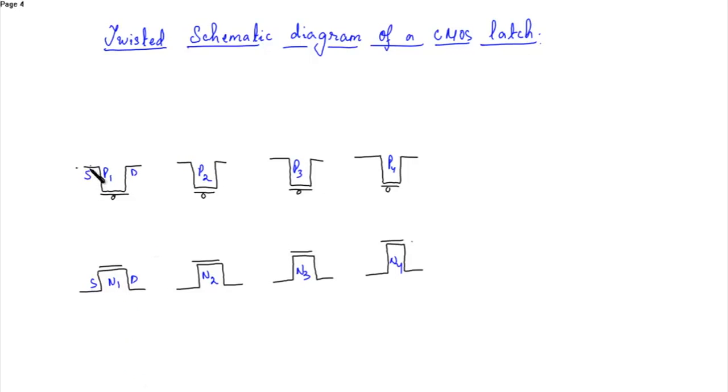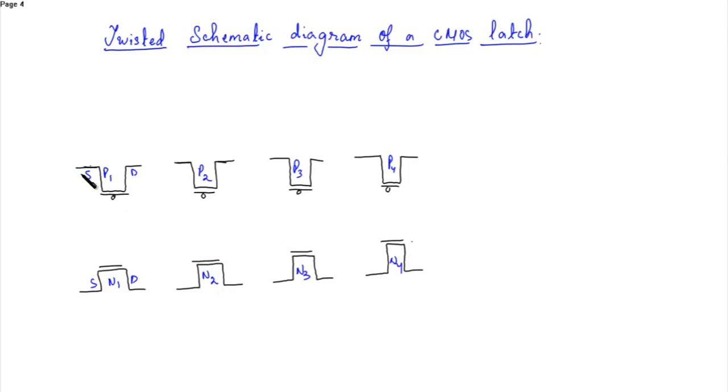So in a transmission gate we know the sources of PMOS and NMOS are connected and the drains of PMOS and NMOS are connected and the gates are interlinked. That is, the gate of PMOS 1 is connected to the gate of NMOS 2. That is, PMOS of transmission gate 1 is connected to the NMOS of transmission gate 2.